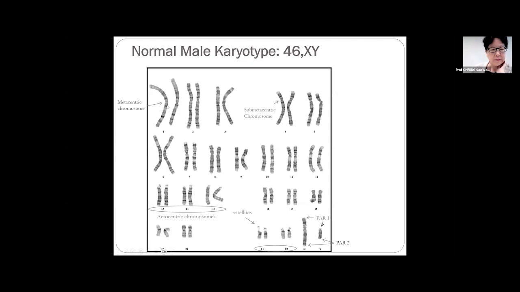Because the centromere is in the middle, we call it a metacentric chromosome. And like this one, we call a submetacentric chromosome. And again, these are acrocentric chromosomes. Here we call the stalk region and satellite region, and this DNA is usually highly repetitive and genetically inactive.